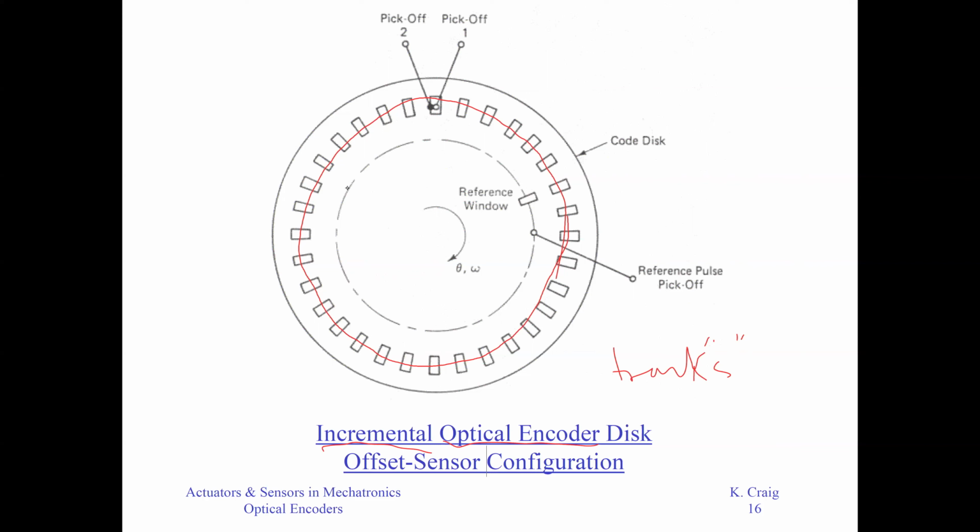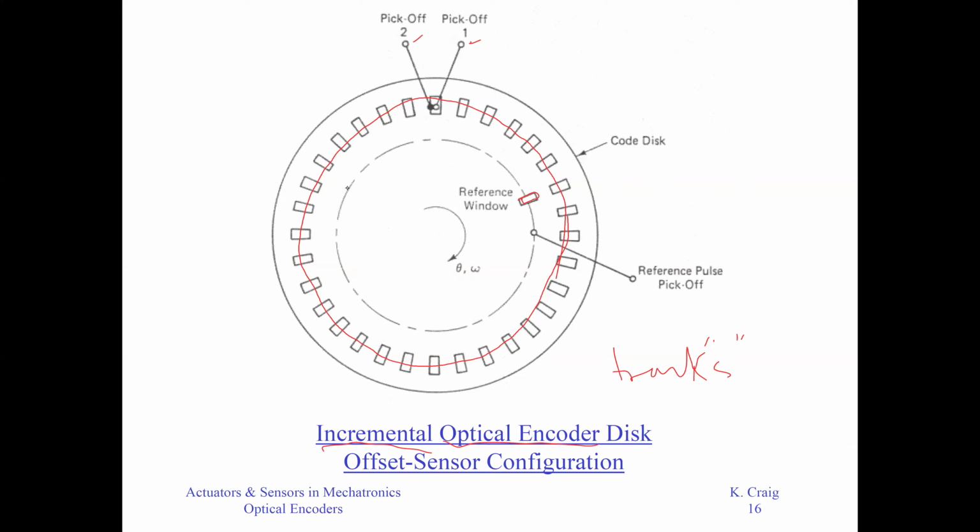All right, so let's take a look. You put a window in here. This is called a reference window. You can also put a reference pulse pickup point. This is a code disk. You have pickup points 1 and 2. I'll explain this to you soon.